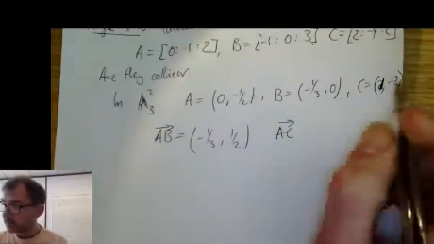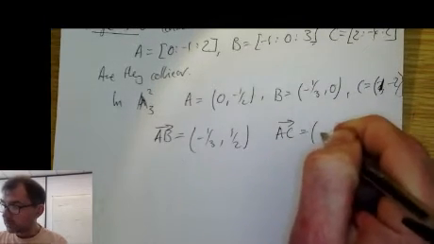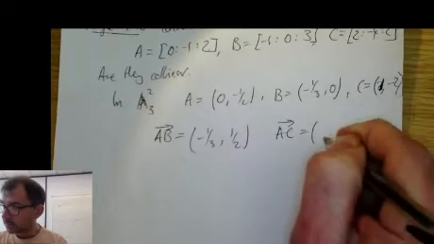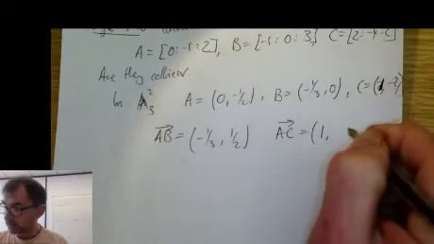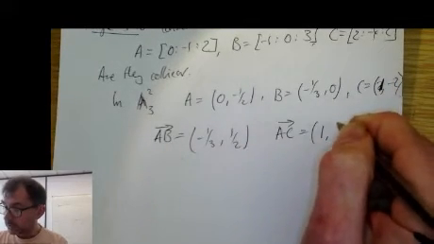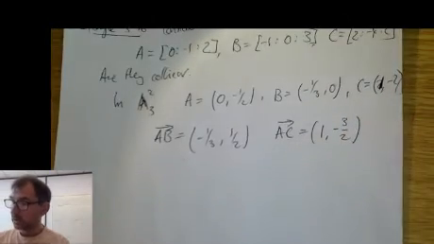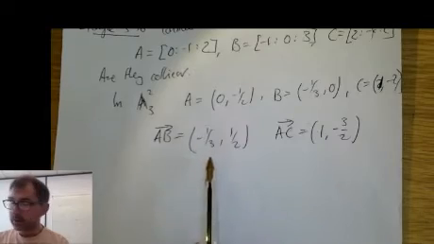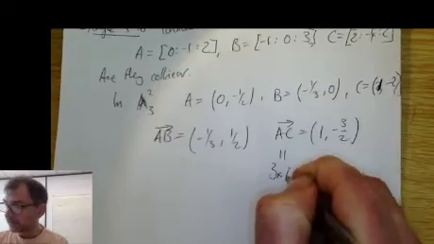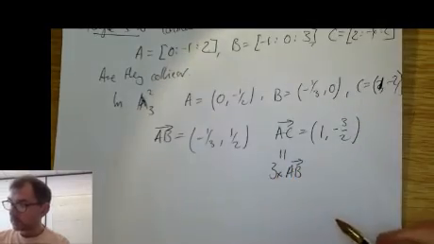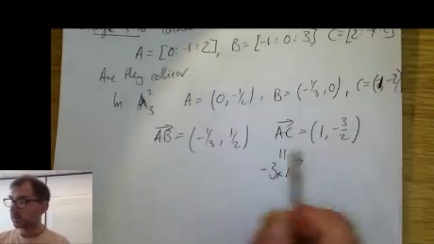AC would be the vector (1, -2 plus 1/2), which is -3/2. And indeed, if I multiply AB by -3, then I do get AC. So these are collinear.